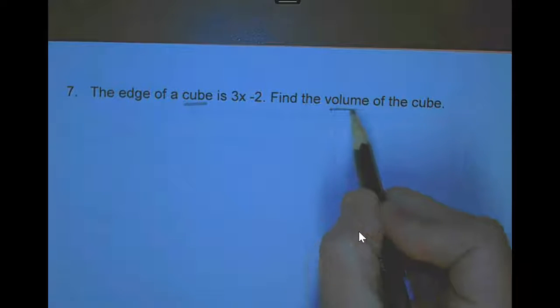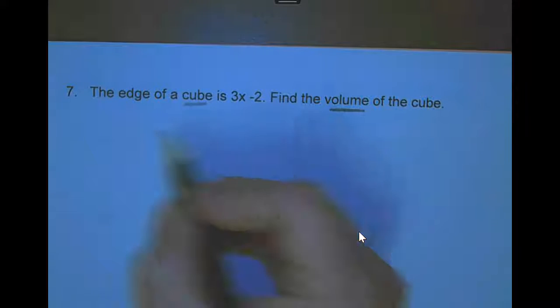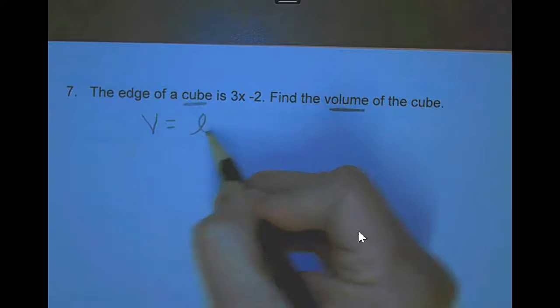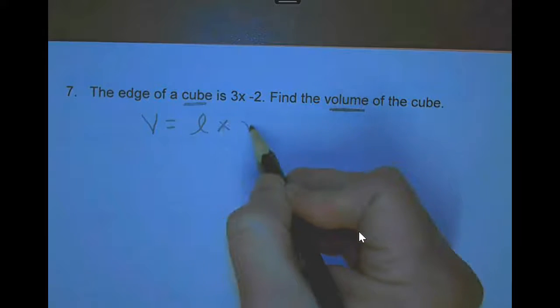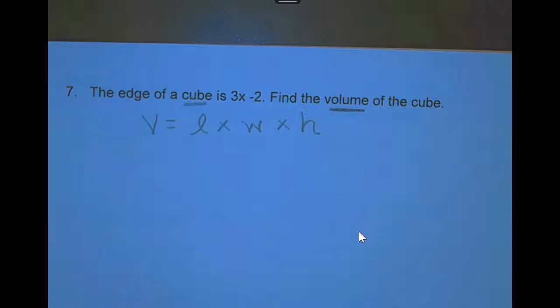Well, how do you find the volume of a cube? There are other formulas, but this one will work. Length times width times height. That would give you the volume. So what is the length?